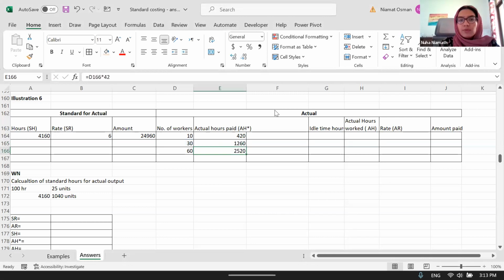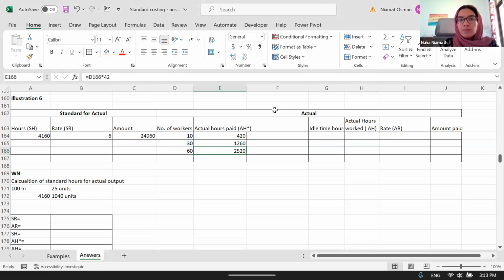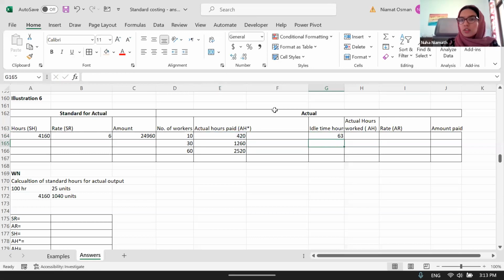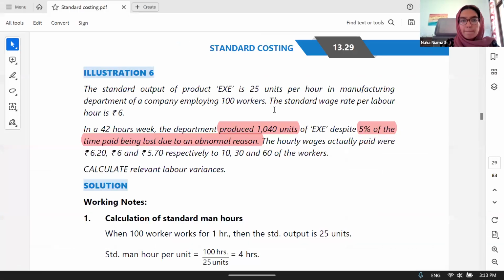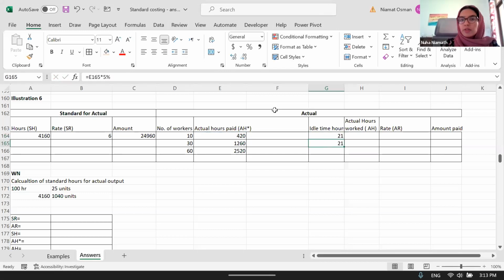Then we have 2520 hours. Now, we have something called idle time hours. What does the question say? There is an idle time of 5%. So we take actual hours paid, 420, into 5%, and similarly for worker sets 2 and 3.